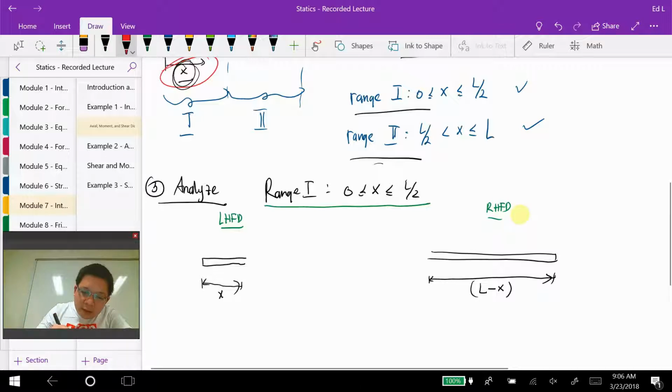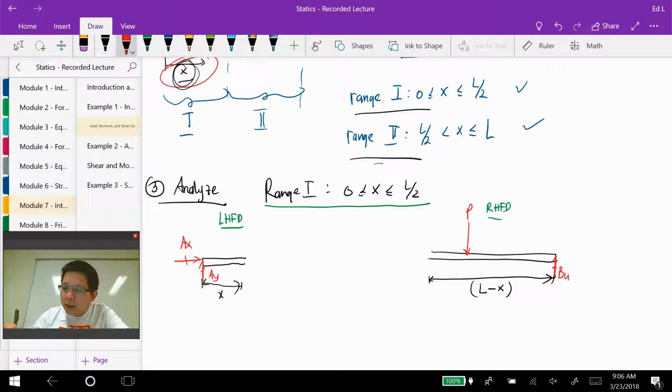Over here is AY, over here is AX, and then we have P, and then BY, and then here we have P over 4. Remember that we know this distance is L over 2, so this distance right here is L over 2 minus x.